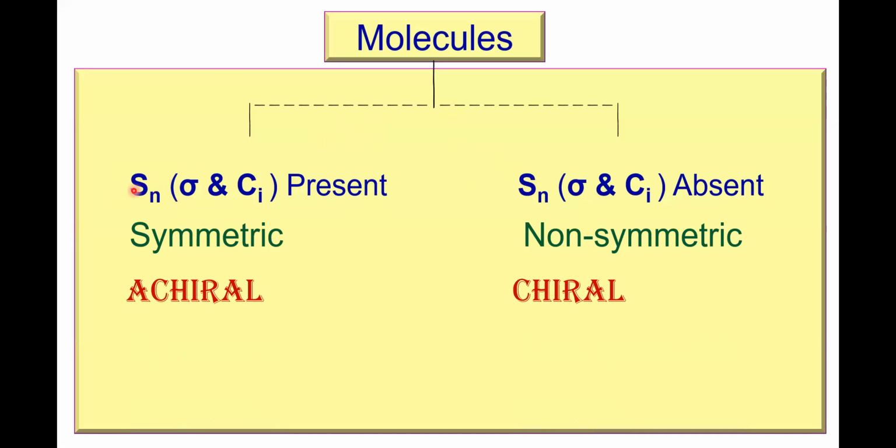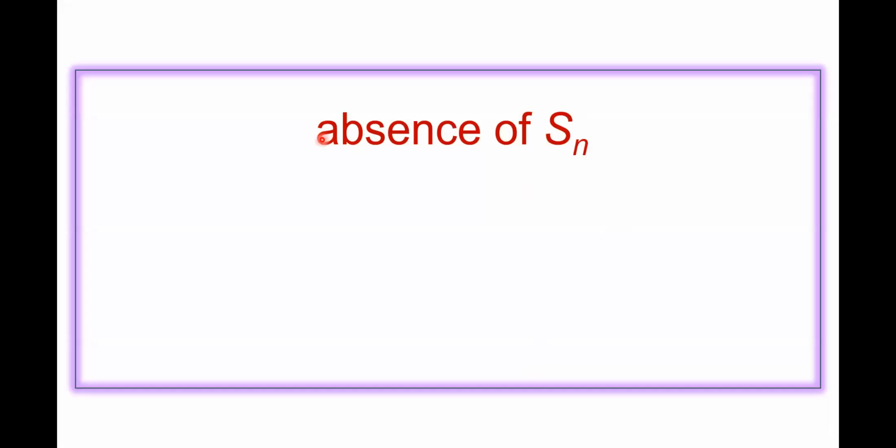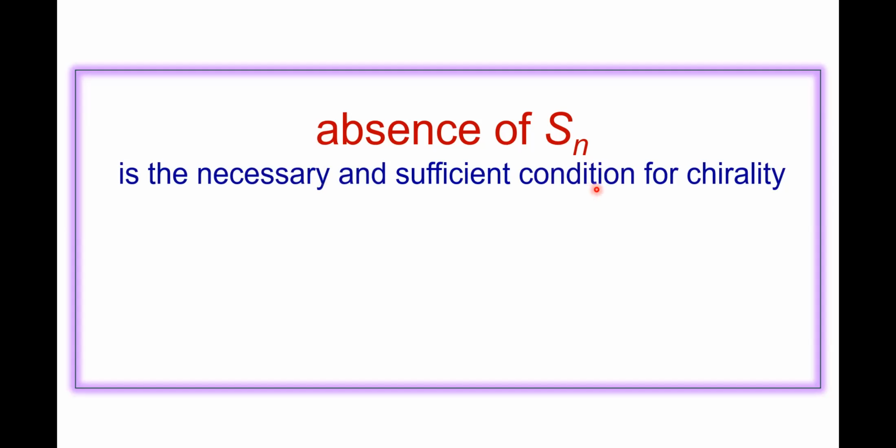If Sn is present, that is, an improper rotational axis or rotation-reflection axis, the compound is symmetric and it is achiral, meaning optically inactive. If Sn is absent, it is non-symmetric. The compound is chiral, that means optically active. Therefore, absence of Sn is the necessary and sufficient condition for chirality.